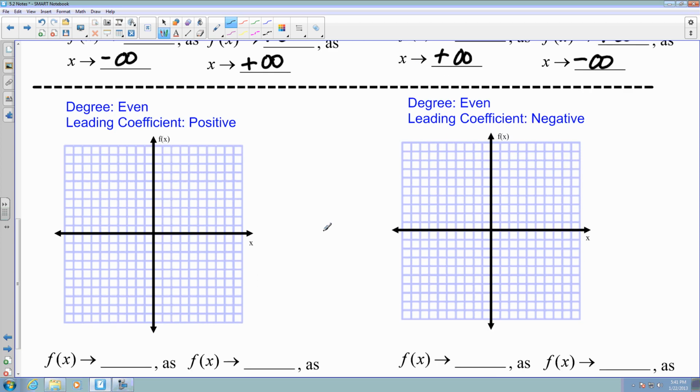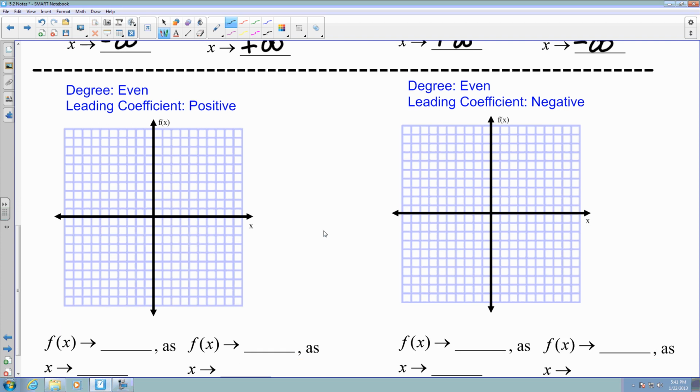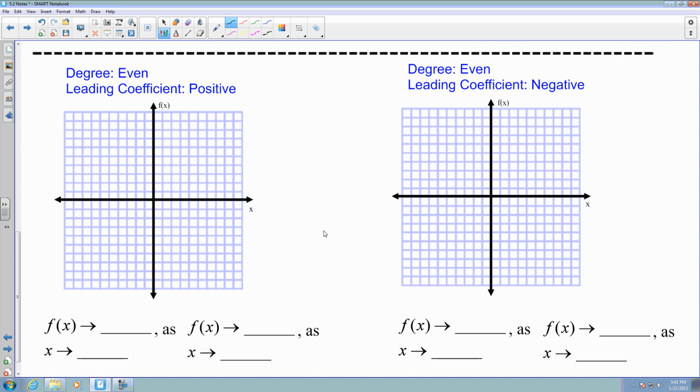Now let's take a look at if our degree was even and our leading coefficient was positive. It would look something kind of like this. This is kind of an example of a quadratic. Many of you have seen this before in other classes. We've had to graph these kinds of functions.